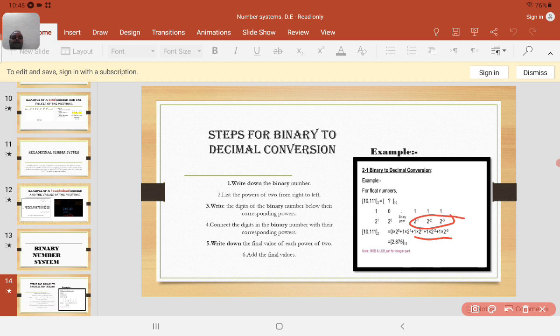After calculation you will get the result 2.875 base 10. Here it is given in base 2, that is a binary number, and we are converting it into the decimal number system, that is base 10. That's why at the end we write the base of the resultant number as 10.